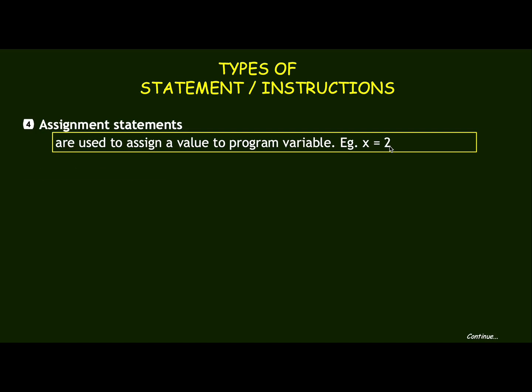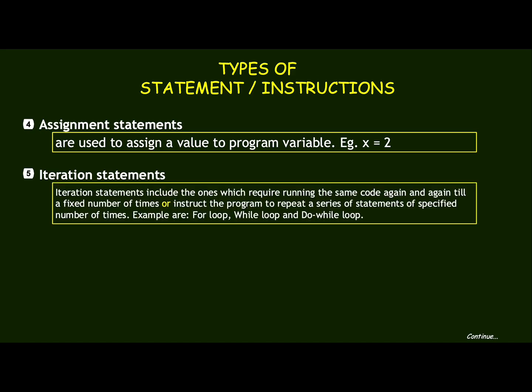Our fifth is the iteration statement. So what are iteration statements? Iteration statements include the ones which require running the same code again and again a fixed number of times, or instruct the program to repeat a series of statements a specified number of times.